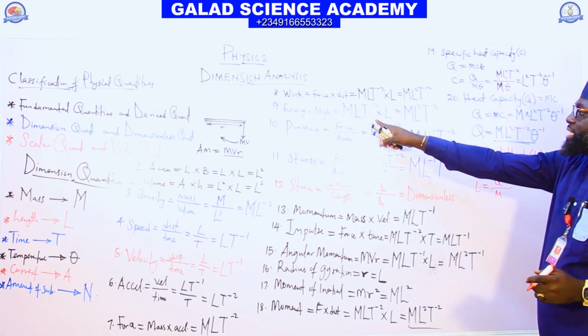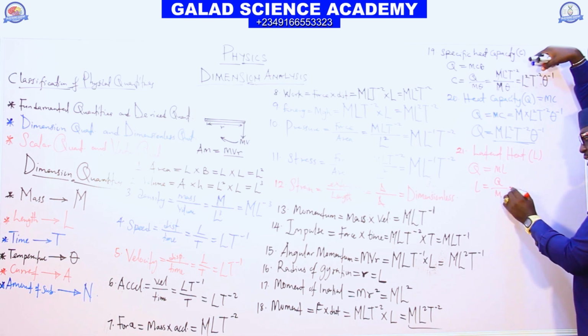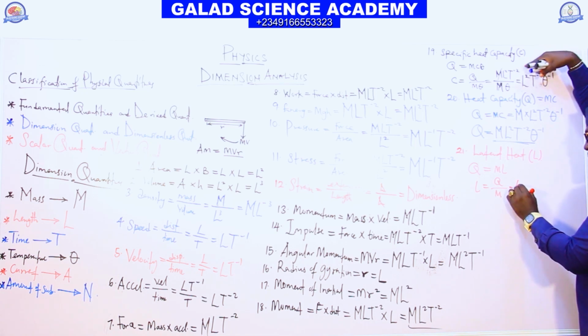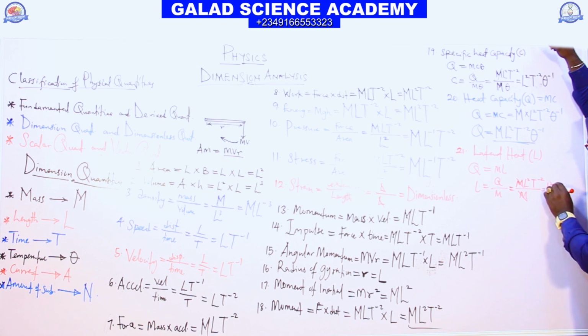So it will be M L squared T to the minus 2 over M. The M cancels each other. You now have L squared T to the minus 2.